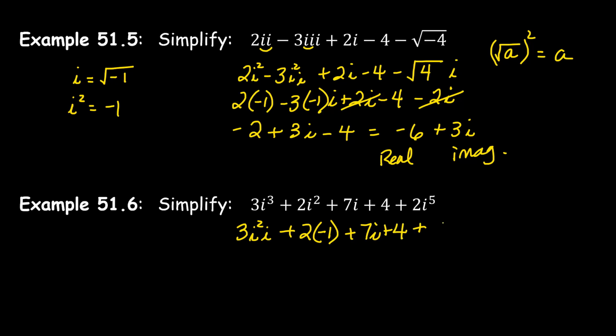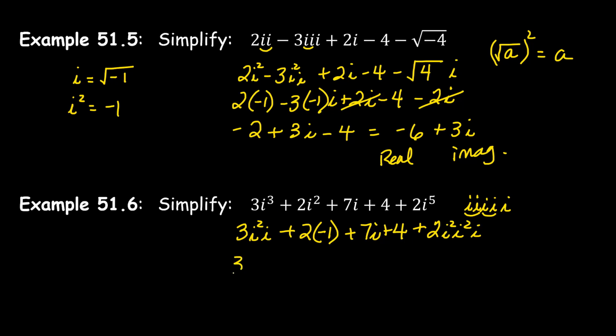And over here we have 2i to the 5th. So that's i times i, 5 times. Every 2 of those is going to give us a -1. So we're going to rewrite that as 2i squared times i squared, and then there's one more i left over.